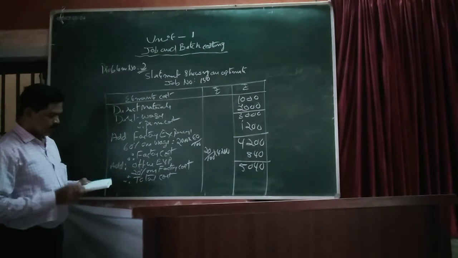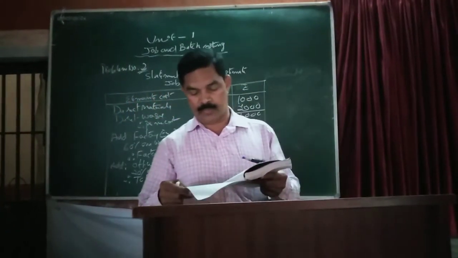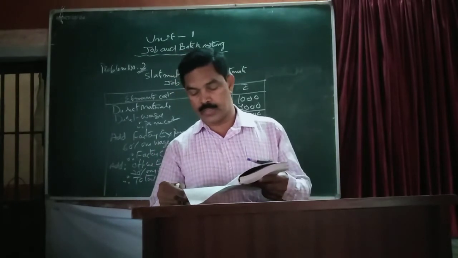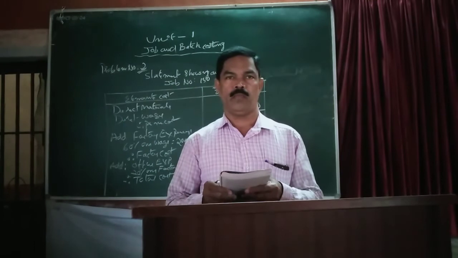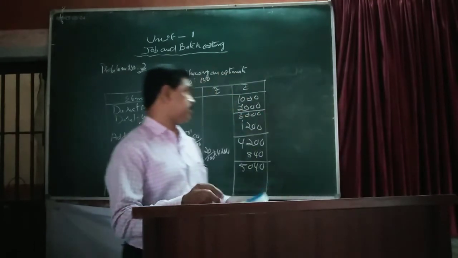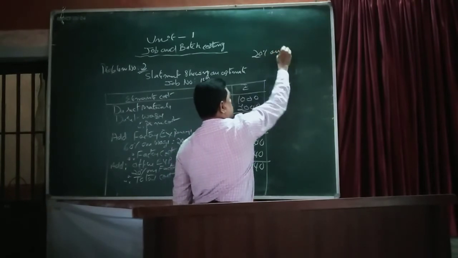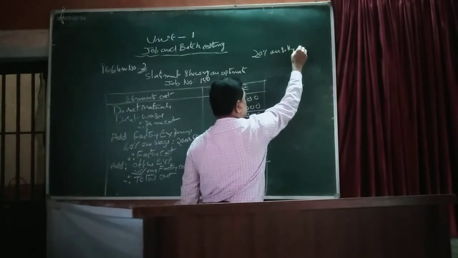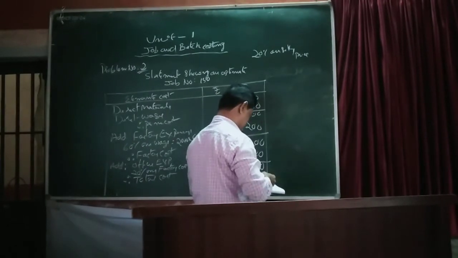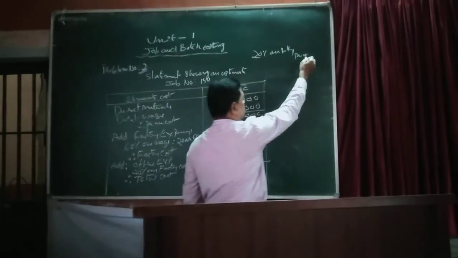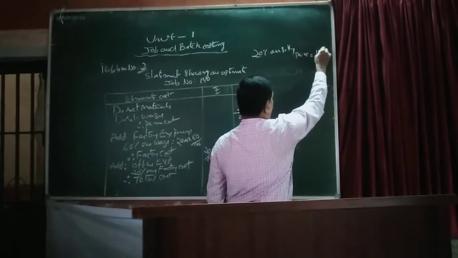Then the profit is given, that also we have to estimate. The tender should include a profit of 20% on selling price. 20% on selling price is equal to 1 by 5.